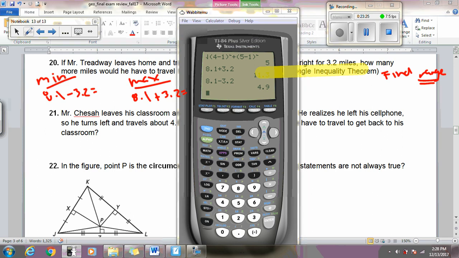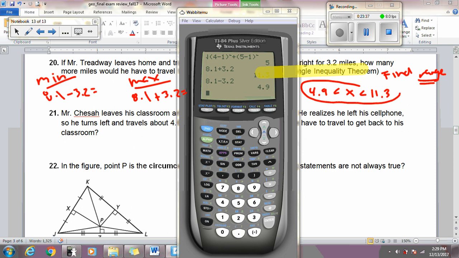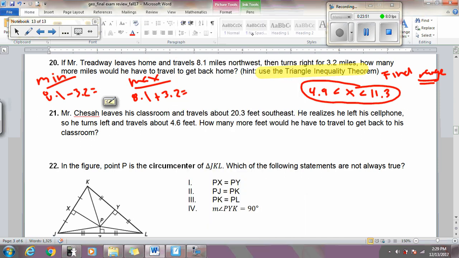So the range is written as 4.9 less than x less than 11.3. So as long as the answer falls within that range, then it's possible. Okay. I know this question doesn't seem to be worded correctly, but this is the way we're going to solve it if we see it.